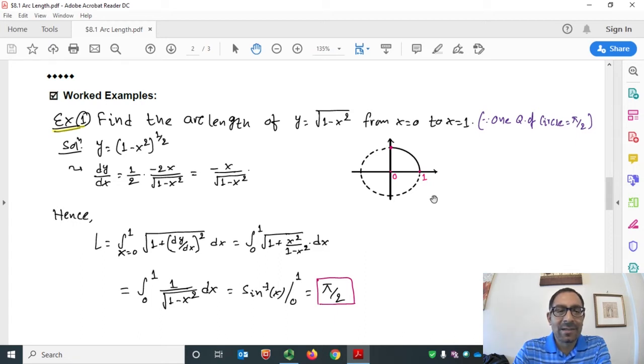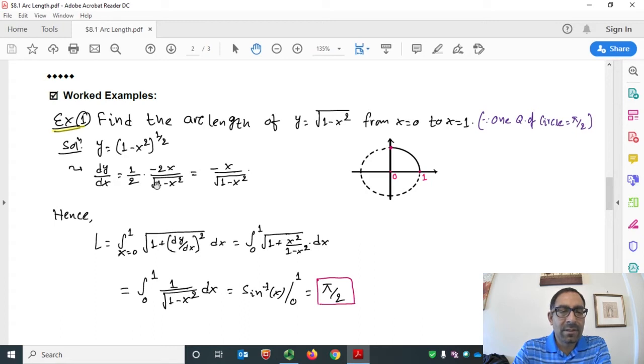So let's begin the solution. First, start by taking the derivative. The given function is y equals radical 1 minus x squared. This radical is the same as the power 1/2, which I wrote here. Take the derivative. Let's apply the chain rule. So dy/dx equals, bring 1/2 as a coefficient, then 1 minus x squared to the power 1/2 minus 1, which is minus 1/2.